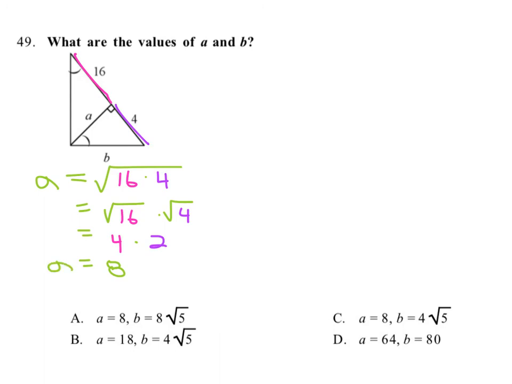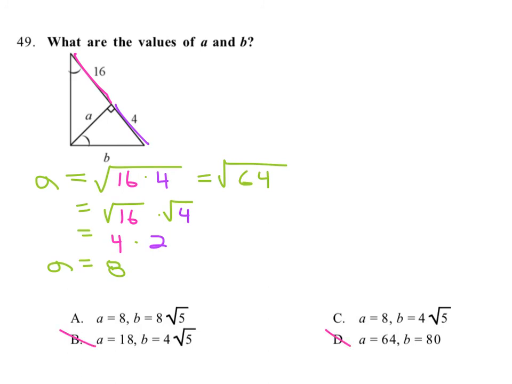If we had actually done 16 times 4 up here, we would have gotten the square root of 64. That will still give us 8, whether we did that or not. But I'm only suggesting that since these are in pieces and they're perfect squares, you can bring them out as their square roots and make it simpler for yourself. So any answer that doesn't have A equals 8 is already going to be wrong.